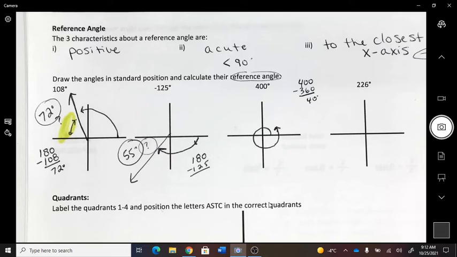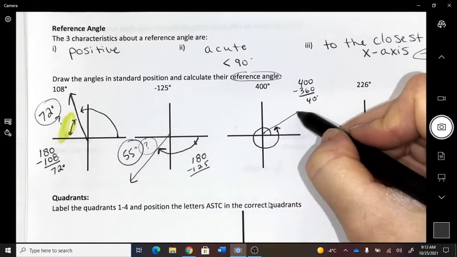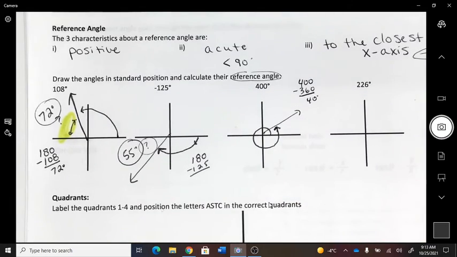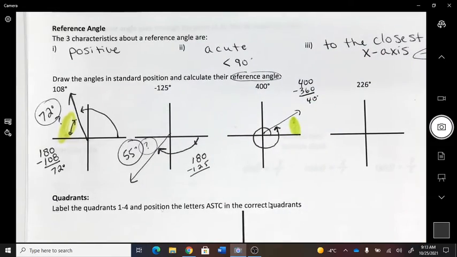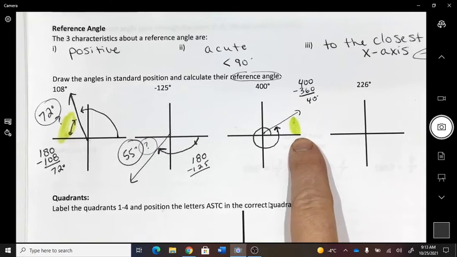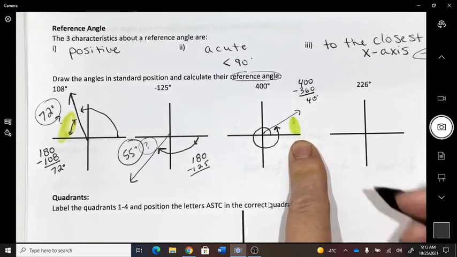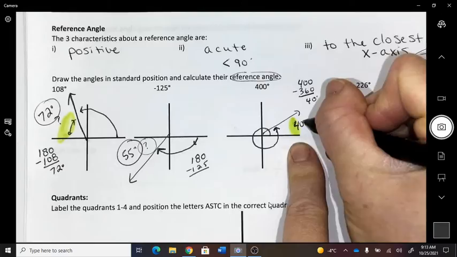So this is what it's going to look like. I went all around and then 40 more. Does that make sense? Do you see my swivel all the way and then 40? There's the drawing. What's the reference? Here's the closest x-axis. How much are you away from it? 40.